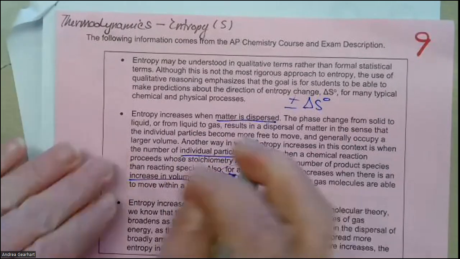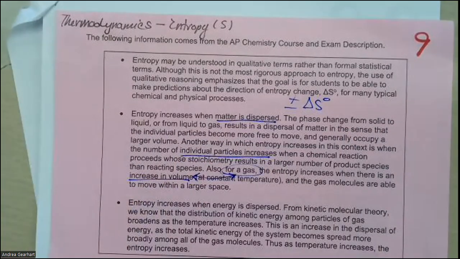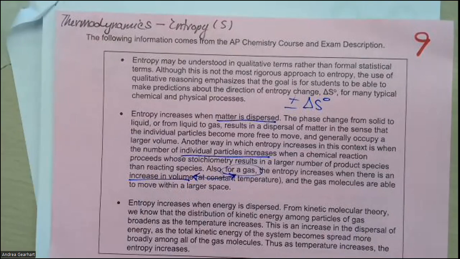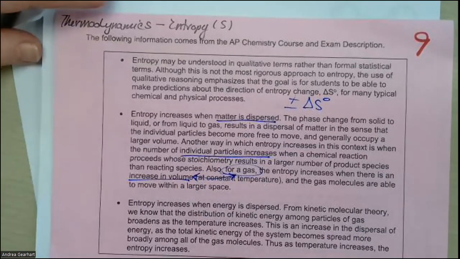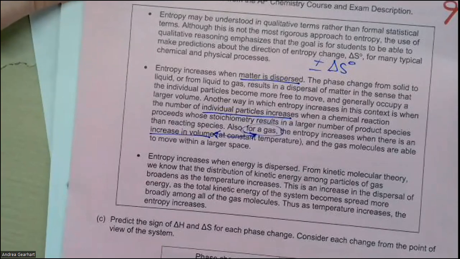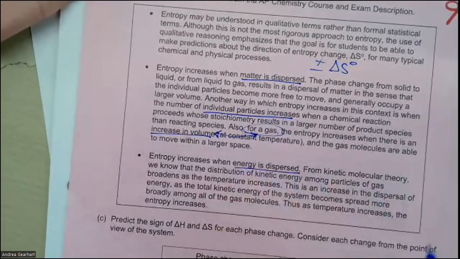Just to go over all the ways we can increase entropy: changing phase, adding or taking away particles, and increasing volume, but remember that would only play a role in the gaseous state. We can also increase entropy by increasing temperature.